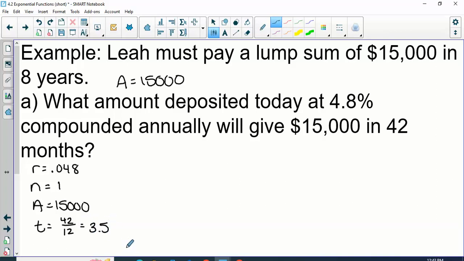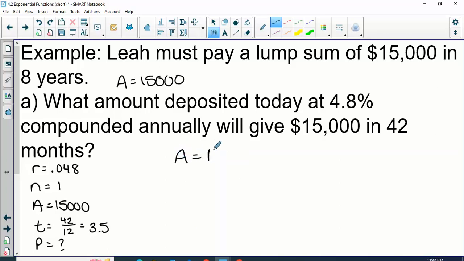And you get 3.5. Would we only do 3 though, if it's compounded annually? So that's a fully completed year. We'll still go ahead and include that 0.5. So assuming that, they would basically give half the interest for that year. Okay, so we're trying to find the amount today. So we are actually looking for the present value on this one.